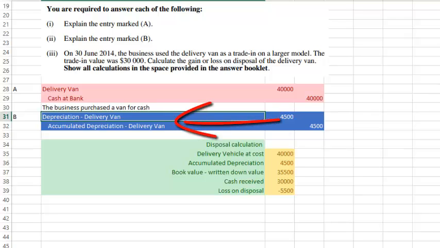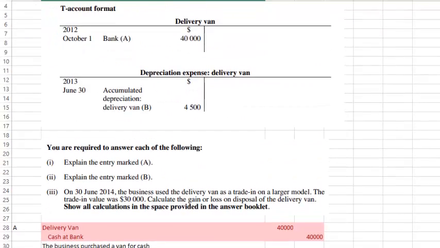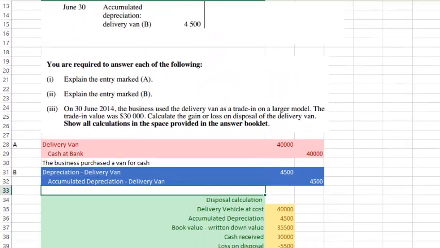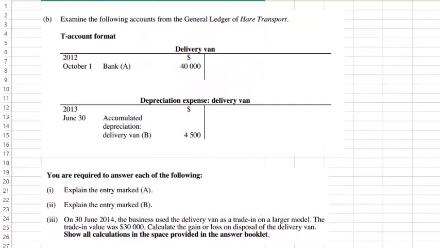So when we put this entry into the depreciation account, we get a debit, and the opposing entry, the credit entry to this entry, is this one. So simply, the answer to the question is the van was depreciated for 1 year. And there you have it. So that is the answer to part 2, which explains B.